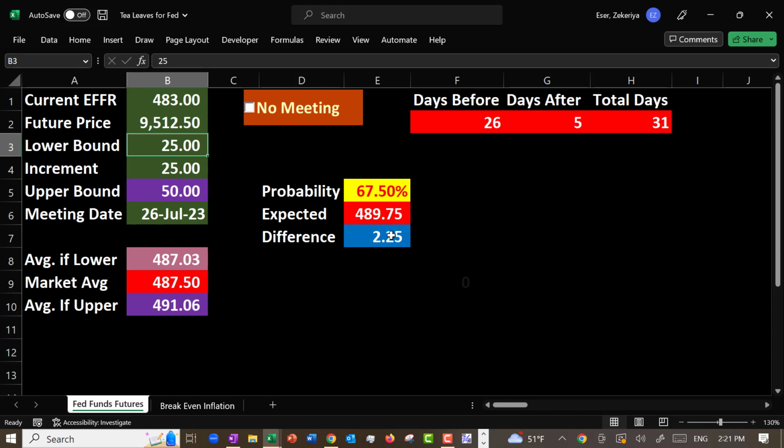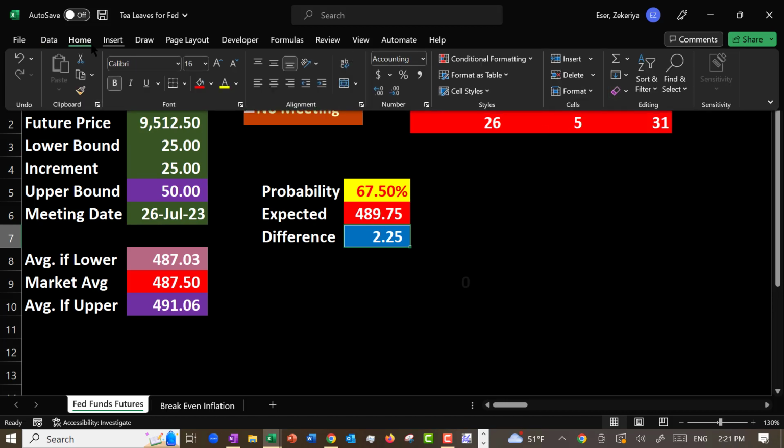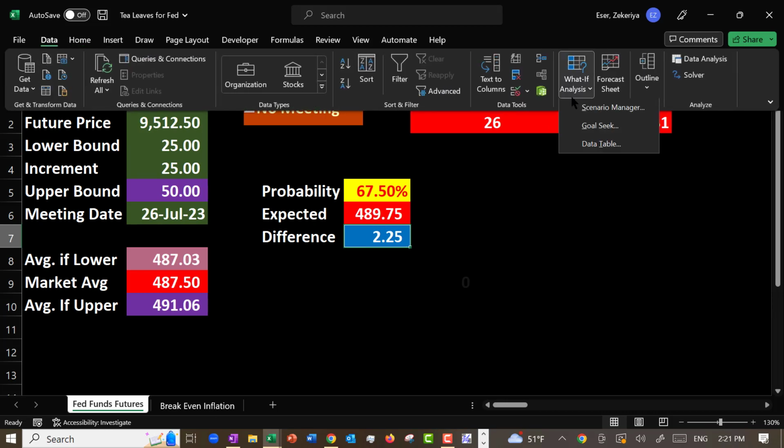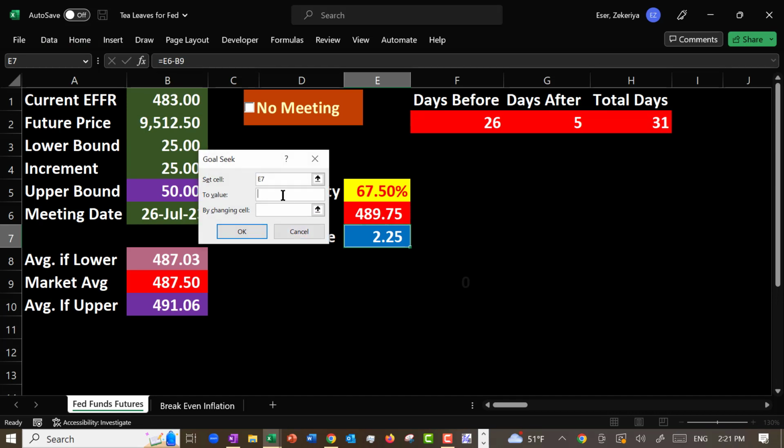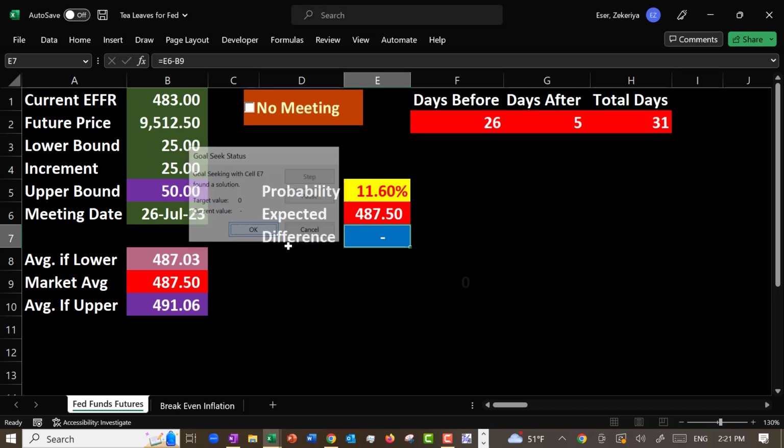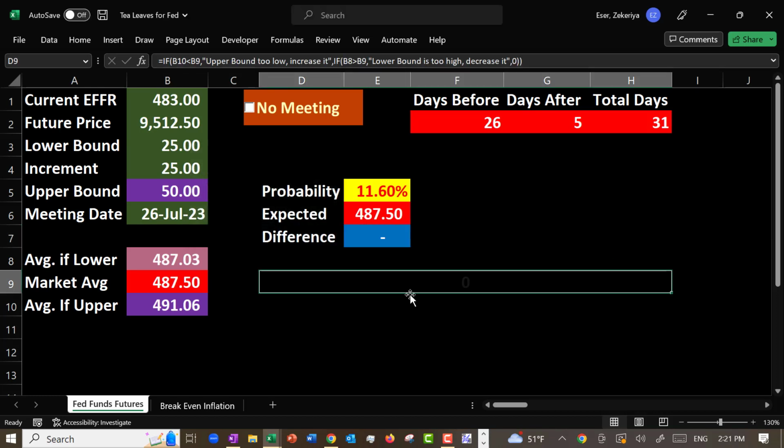By what probability? Only 11%. So in the next three meetings, May, June, and July, the market is betting that in one of them there's going to be a 25 basis points move. The chances of another 25 is only 11%. Exactly what Jerome Powell is saying.